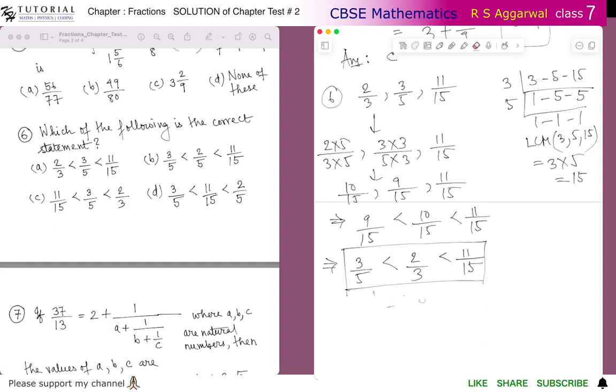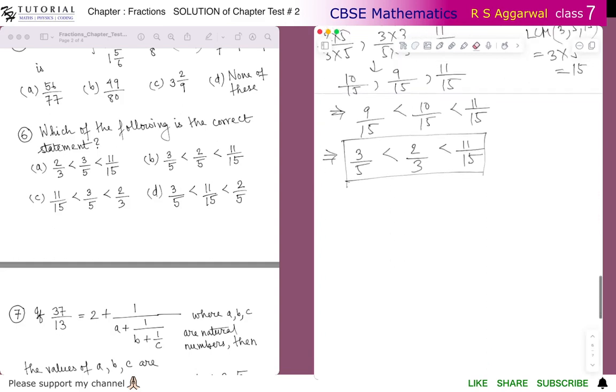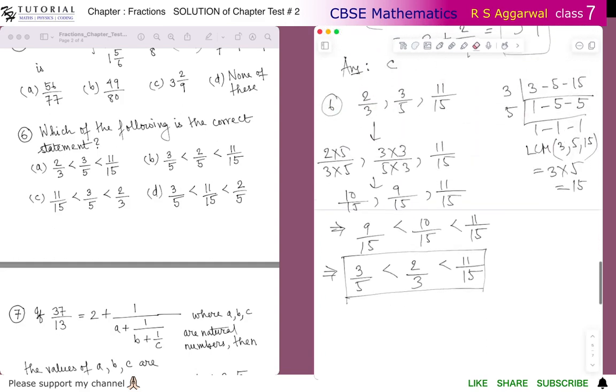How many fractions are there in total? There is 2 by 3, there is 3 by 5, 11 by 15, and what else? There is 2 by 5. In all the choices given, we also have 2 by 5.